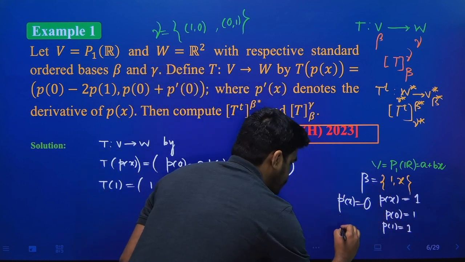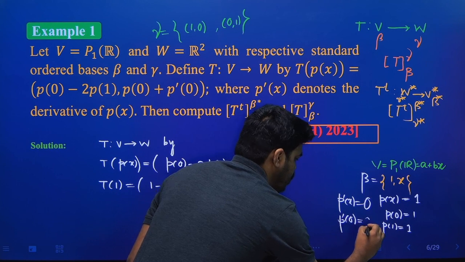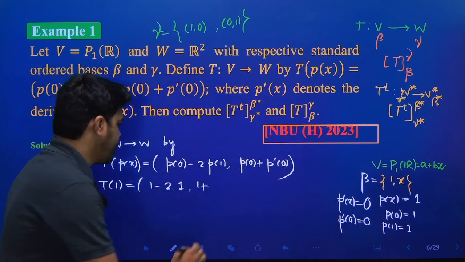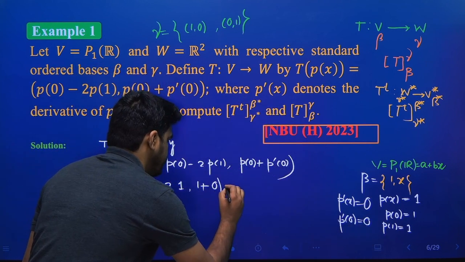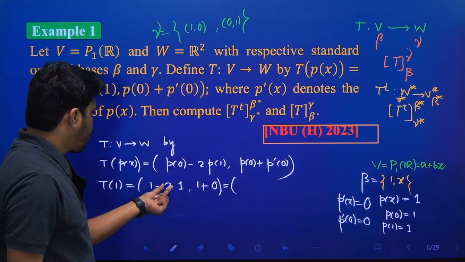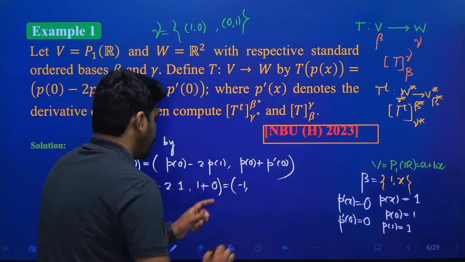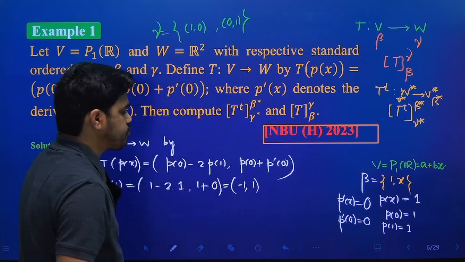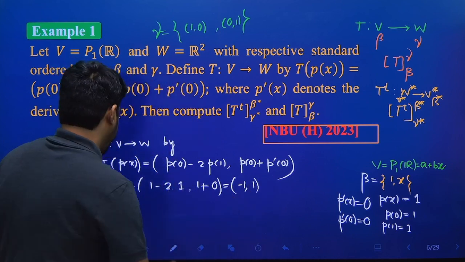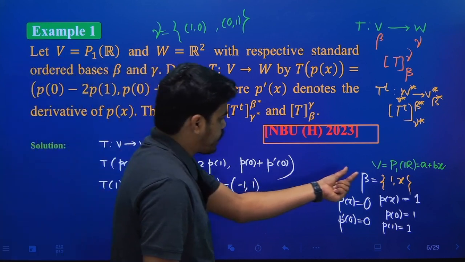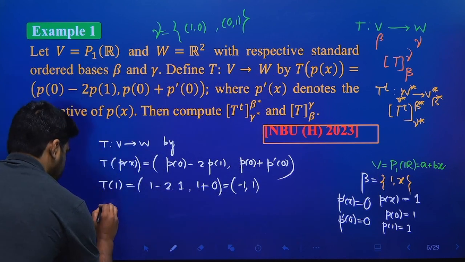So p'(0) will be 0, right? So 1 minus 2, so this is minus 1, 1 plus 0, that is 1. ठीक, okay, next we have to calculate T(x).